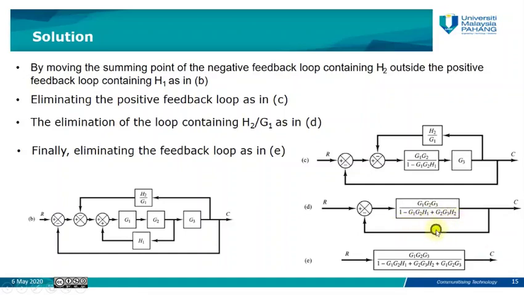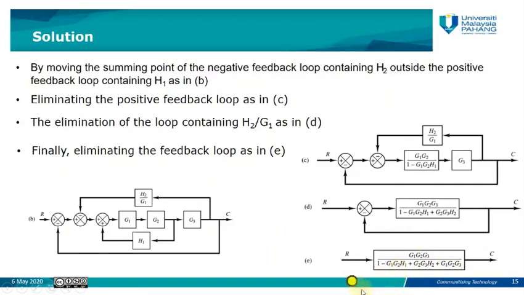The value of Hs is equal to 1. So in this case, the formula becomes Gs over 1 plus Gs, because Hs is equal to 1. So it will be Gs over 1 plus 1 times this Gs again. This will be the value of the equivalent transfer function of our system.